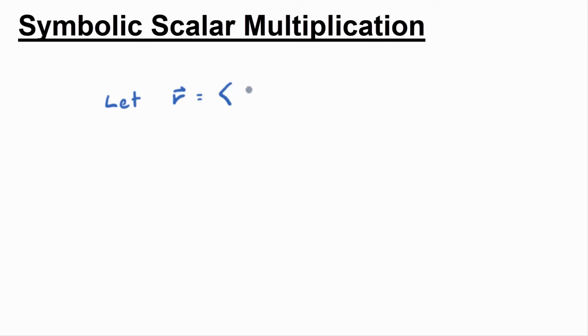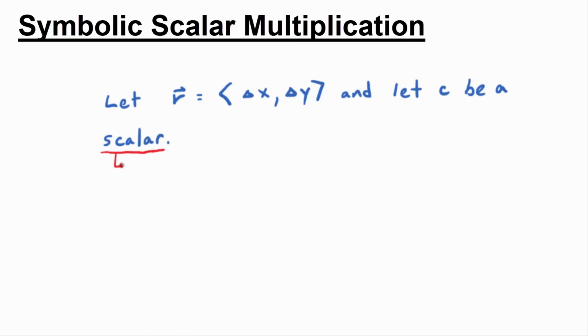So if you have a component form of V, delta x, delta y, and let C be a scalar. Well, wait a minute, I'm introducing a definition here. Think of a scalar as a single numerical quantity.